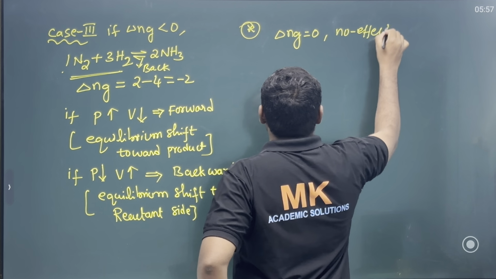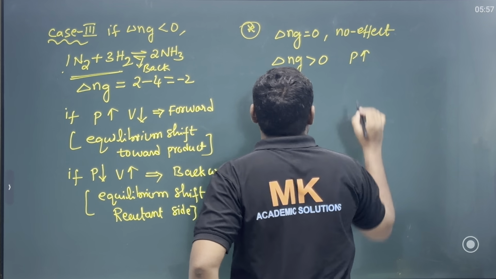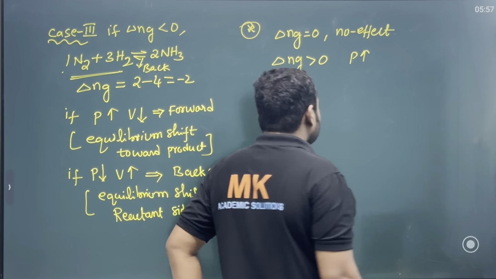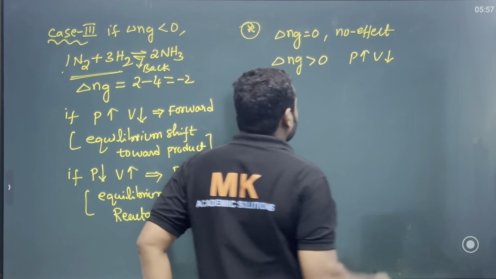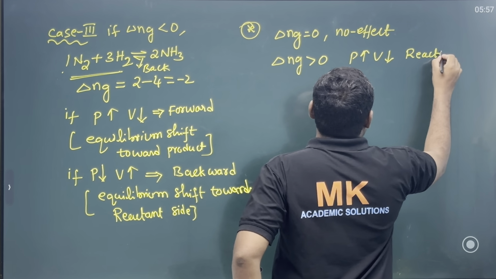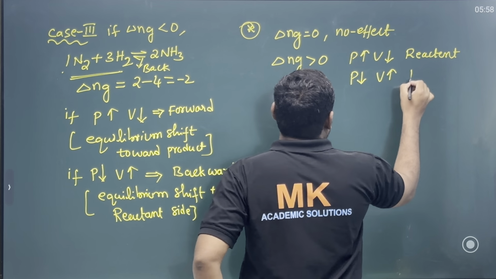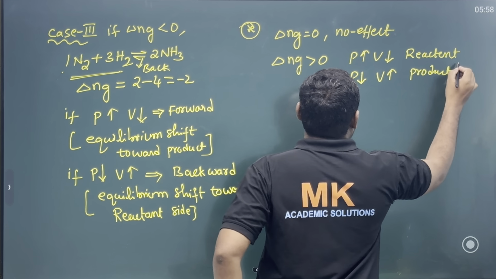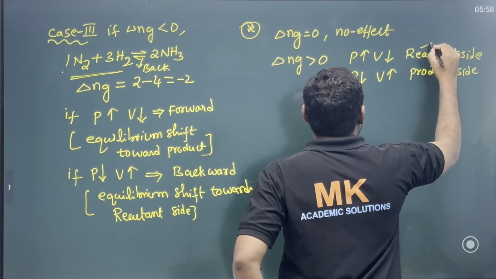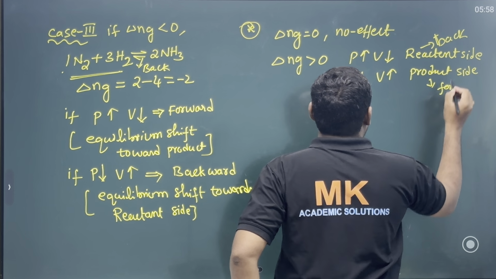Delta Ng greater than 0: if pressure increases, volume decreases, so it goes to the reactant side. If pressure decreases, volume increases, so it goes to the product side. Reactant side means backward, product side means forward.